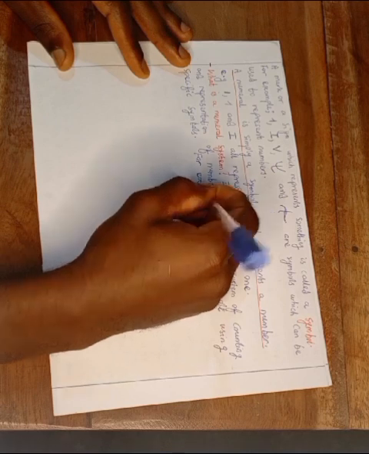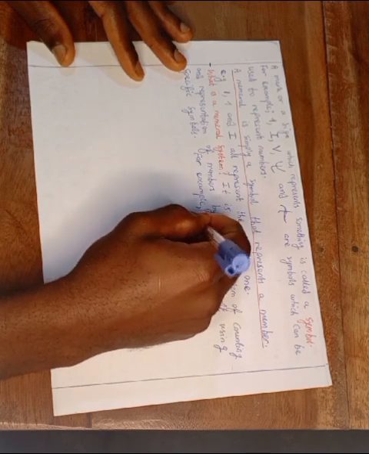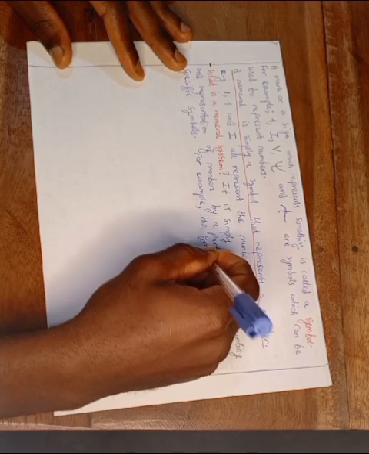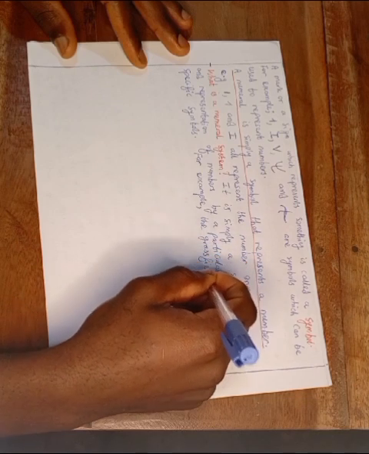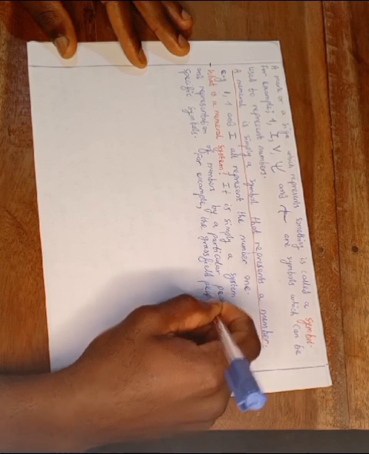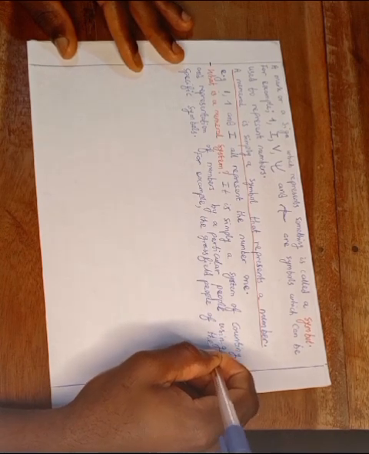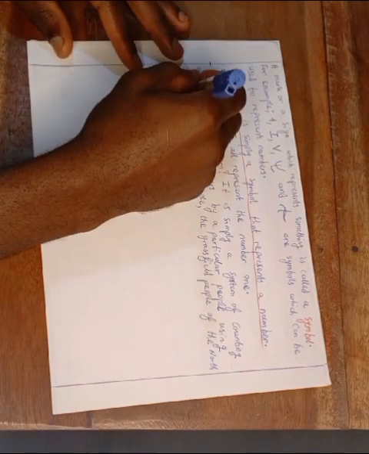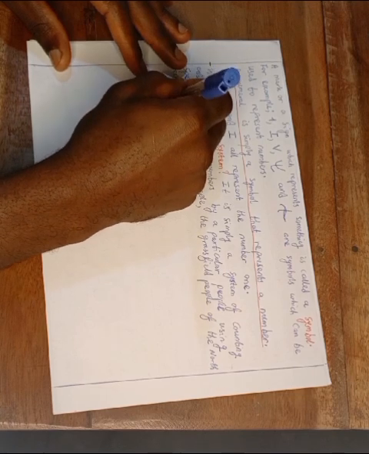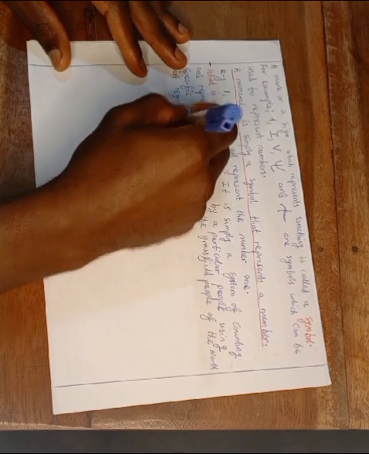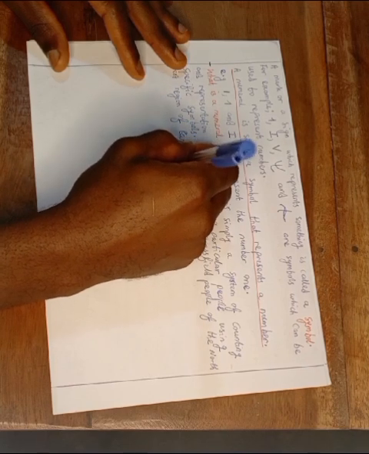So I will simply state an example. For example, the grass-field people of the northwest region of Cameroon, that's my region of origin. I'm from the northwest region of Cameroon.